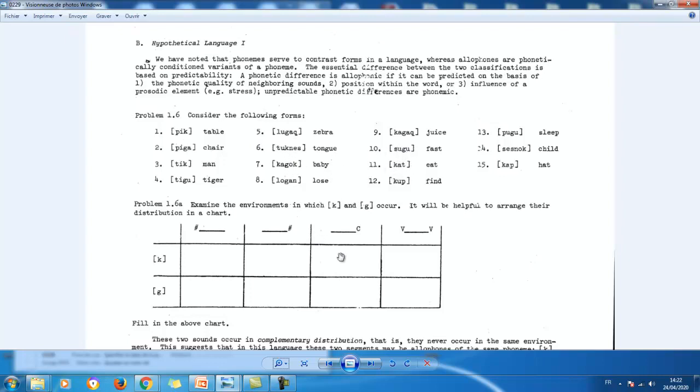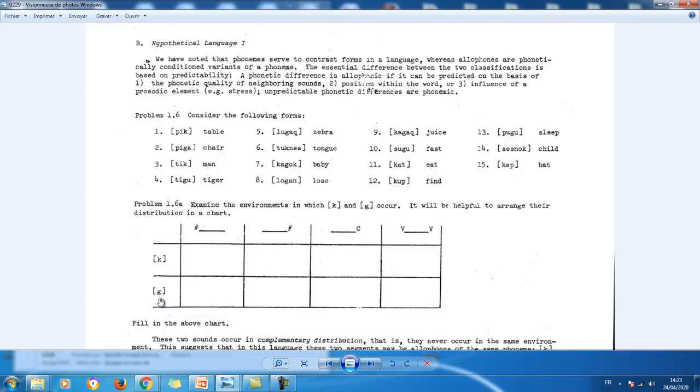It is possible, so we have to put the check in here. Now, is k between two vowels? Let's have a look at the words. No, no, no in here, and even in here, no. So it seems that in this context, this phonetic environment, we don't find k. So we have got to have 0 here.